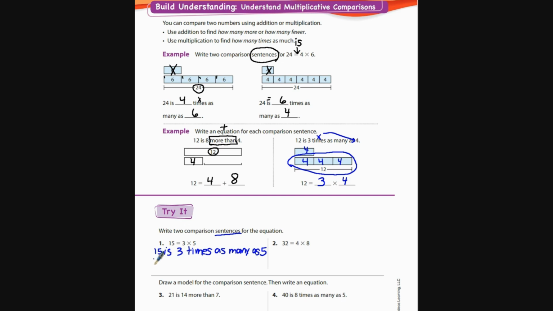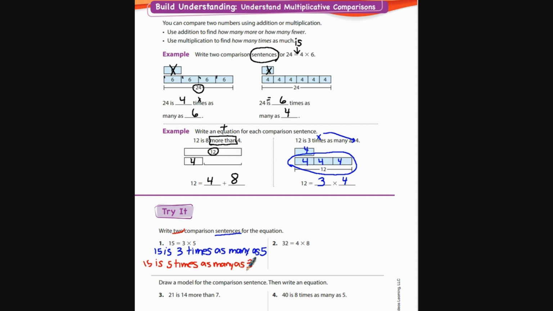Let's try this again. Now we're going to do it reverse. So let me change colors so you know I'm doing the reverse. Let's try a second time. 15 is, I can't do it 3 times. Let's do it the other way. We're switching the numbers. 15 is 5 times as many as 3.